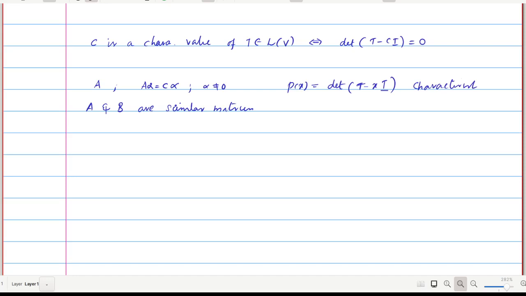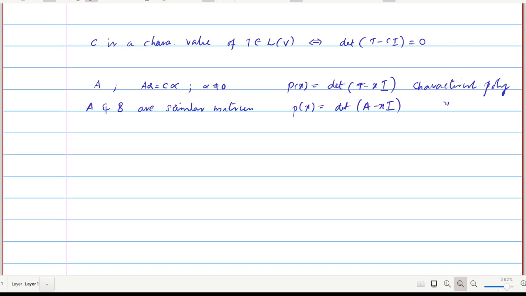Characteristic polynomial of T. In a similar manner, you can define the characteristic polynomial of A, that is the determinant of A minus xI. To get the characteristic values, we equate this polynomial to 0; the roots of the equation determinant of T minus xI equal to 0 give the characteristic values.